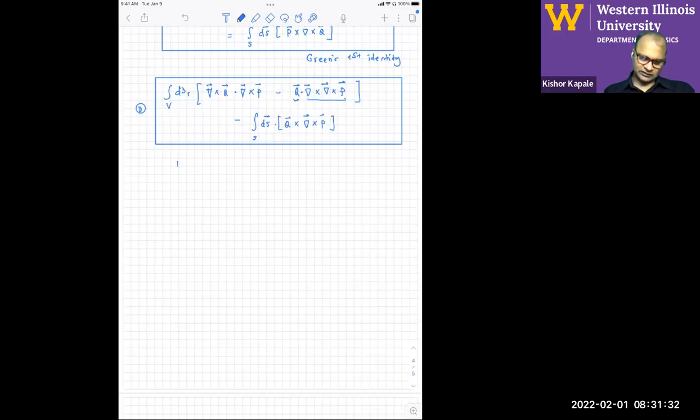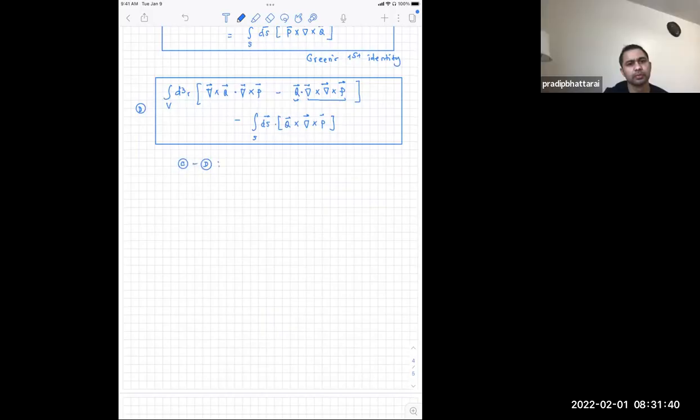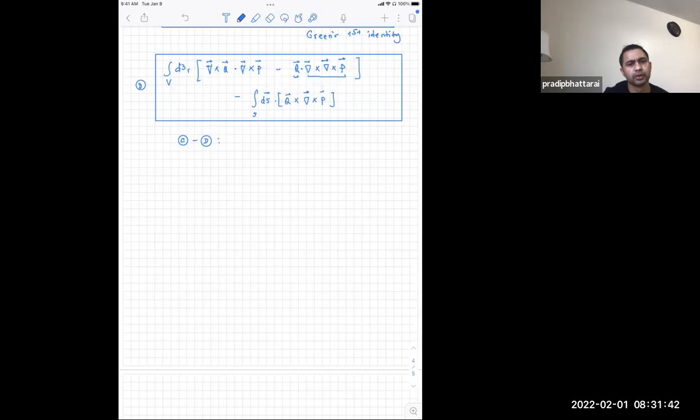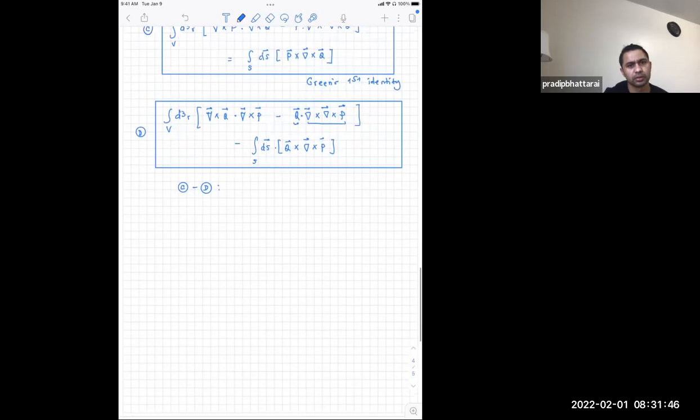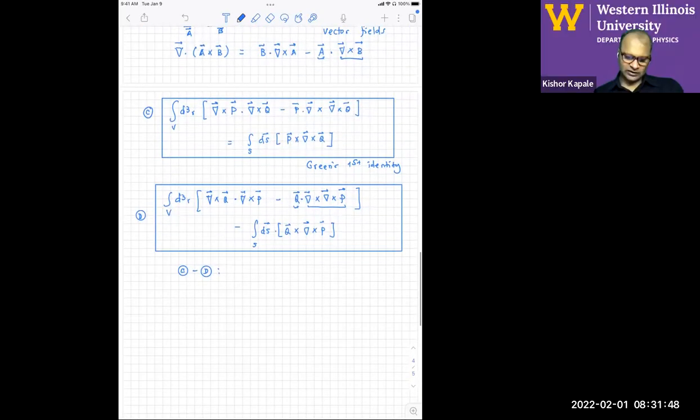So we are going to now subtract the two. We do C minus D, and that's going to give us, yes. Oh, no, sorry, this should be equal to, yeah.